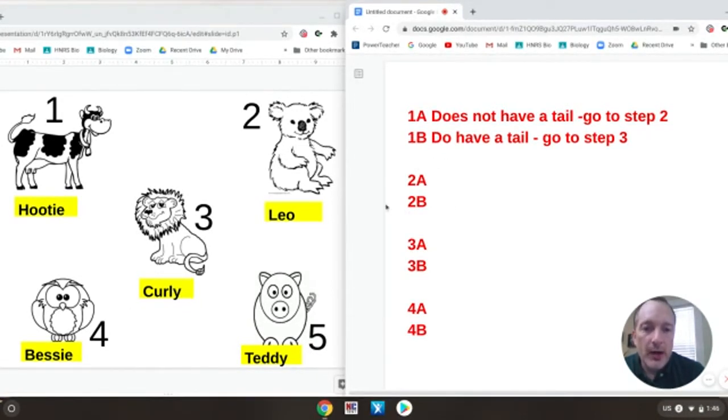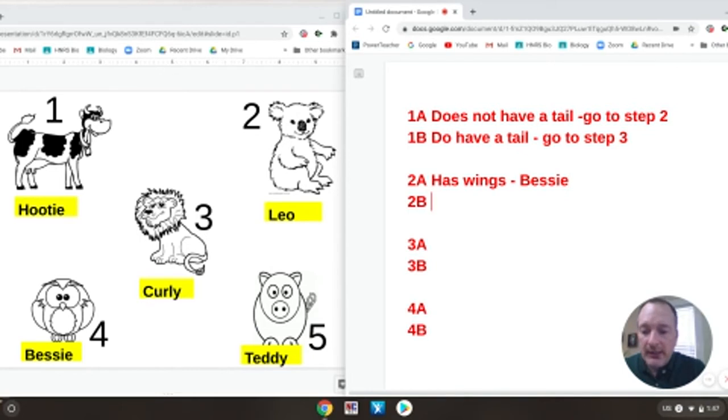So in step 2, I've only got 2 to work with, so I can name them both in this step. But I've got to find some difference between them. And that's pretty easy. I can say has wings. And then I'm going to put the name of the owl because that's describing him, and his name is, or her name I guess, is Bessie, right?